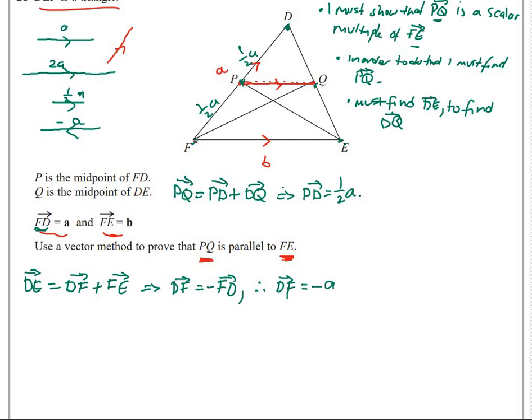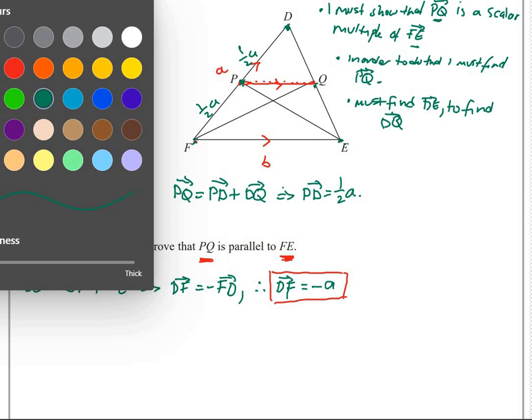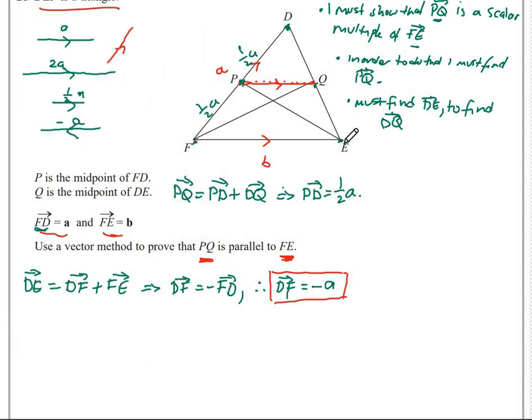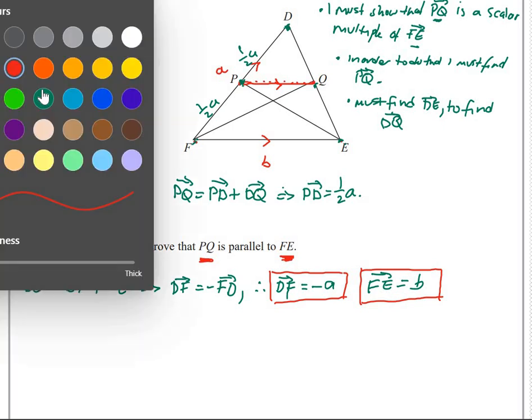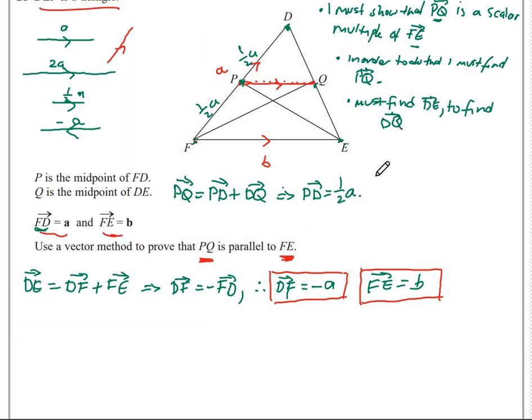So I have DF equals minus A. Now I need to find FE. Well, I have FE already, it's B. So FE equals B. Where are we?